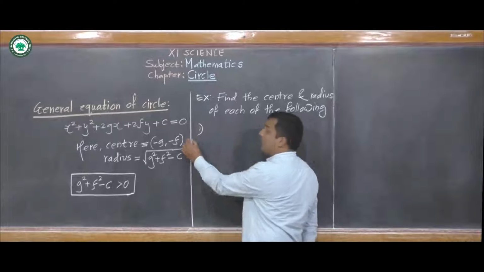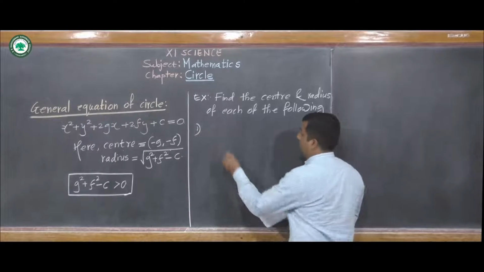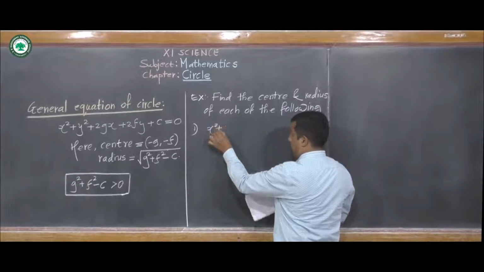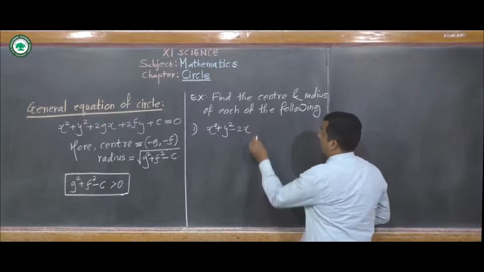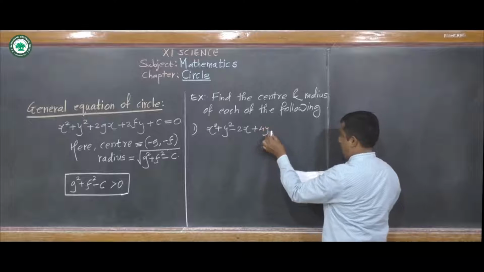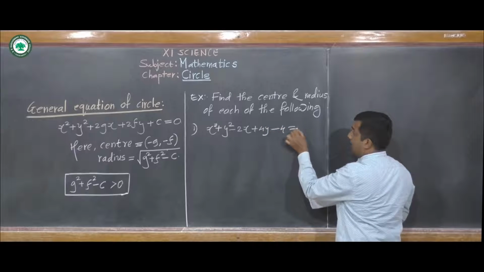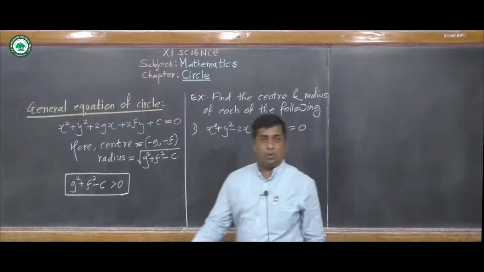Let's go with our first equation. Given x square plus y square minus 2x plus 4y minus 4 is equal to 0.